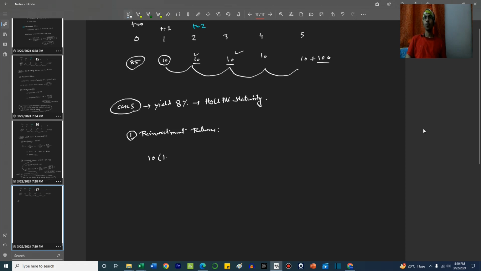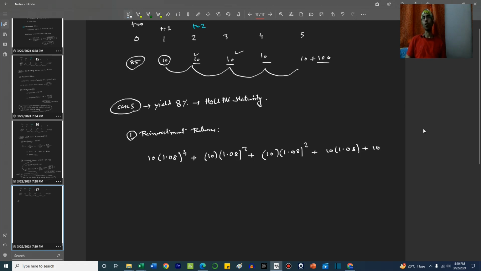10 into 1.08 to the power 4 plus this next one, 10 into 1.08 cube, plus next one, 2 times 10 into 1.08 whole square, plus this one, 10 into 1.08, plus the ultimate payment which is 10.